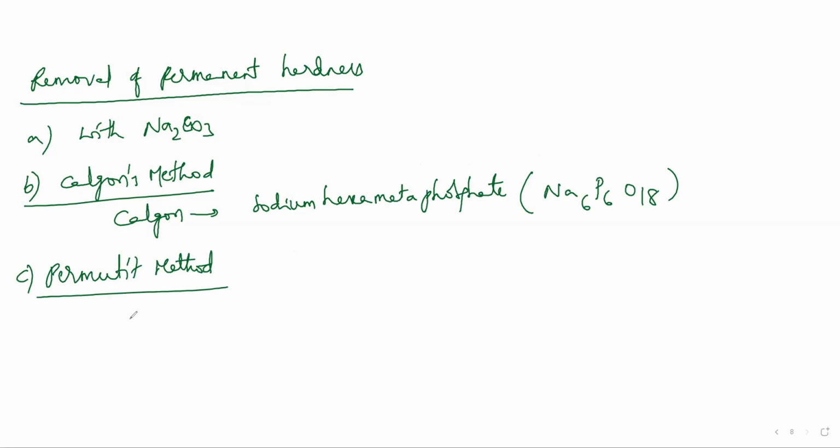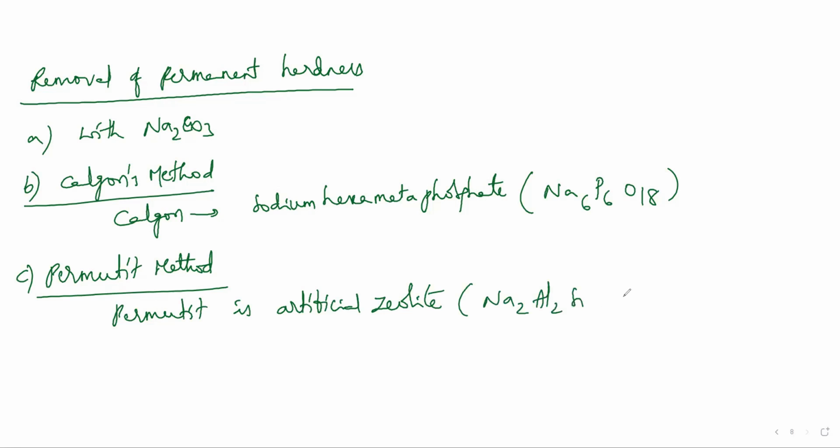So what is permutit? Permutit is artificial zeolite. So what is its formula? Na2Al2Si2O8·xH2O.